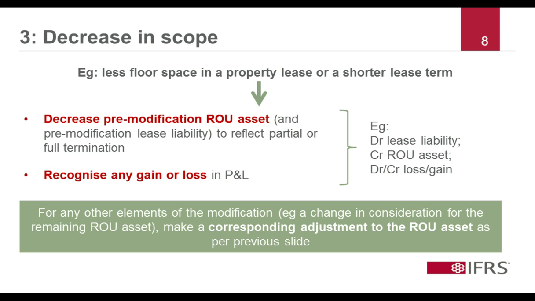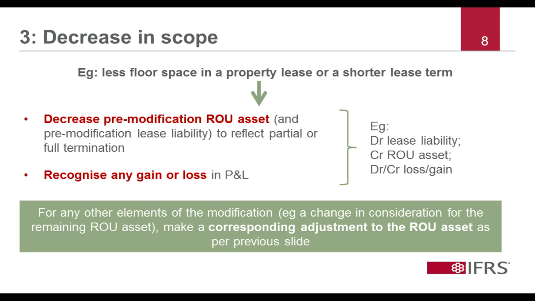The other alternative is if there has been a decrease in scope of the existing lease. This will be the case if some element of the right-of-use asset and lease liability that were on the lessee's balance sheet immediately before the modification is terminated as a result of the modification.